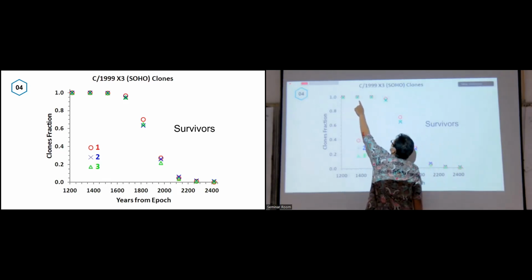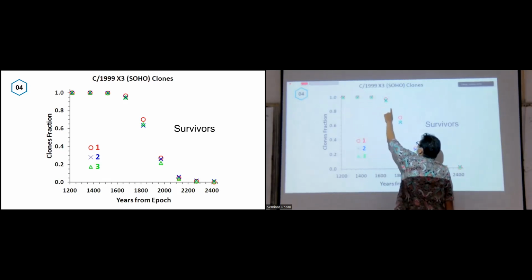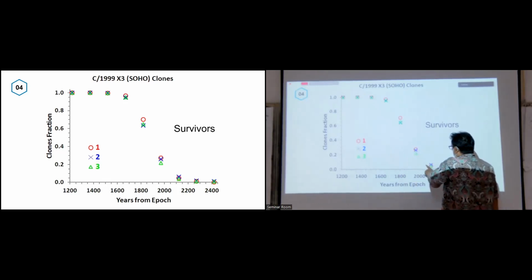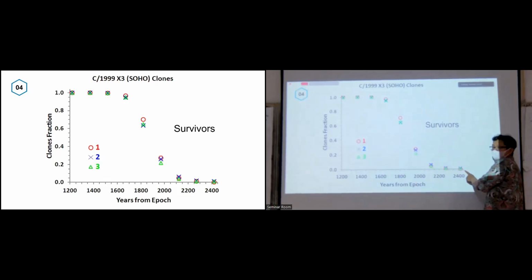We will see the number of objects decreasing and becoming 0. This means that all objects fall into the Sun.